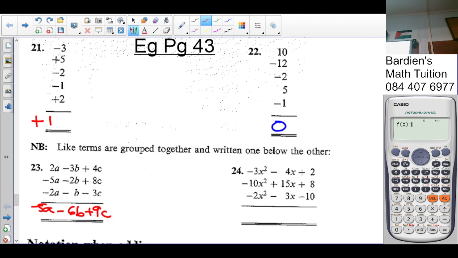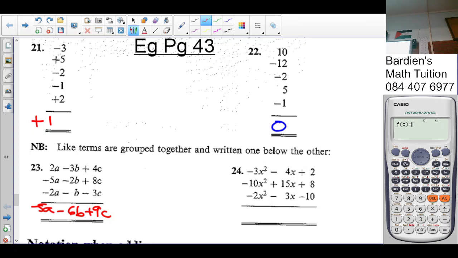Okay, now Zara, if you look at 2a minus 5a. Firstly, you write this note down below number 24. Important to note: like terms are grouped together and written one below the other. You don't have a problem with negative 5a. Go on your number line.